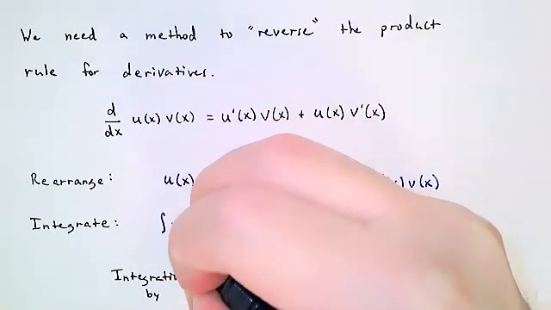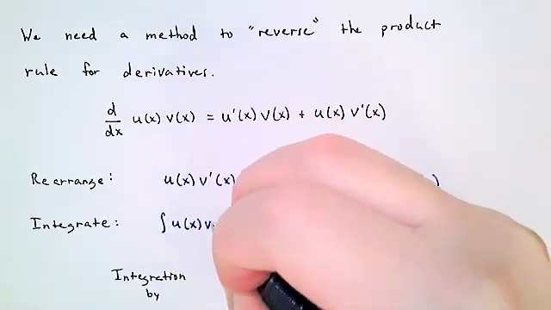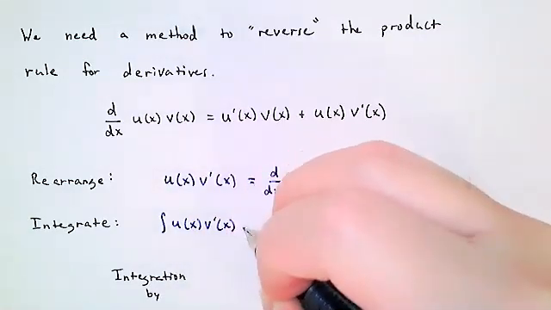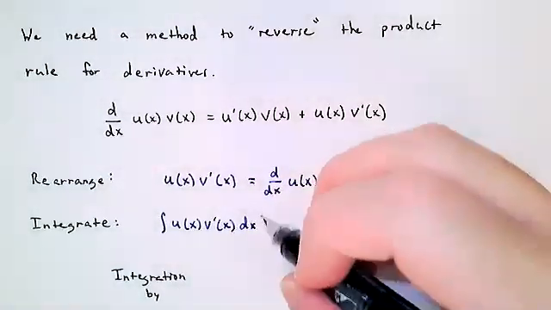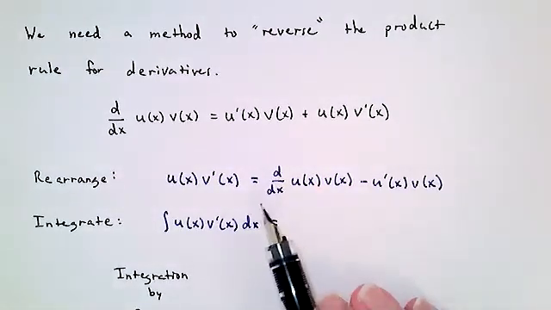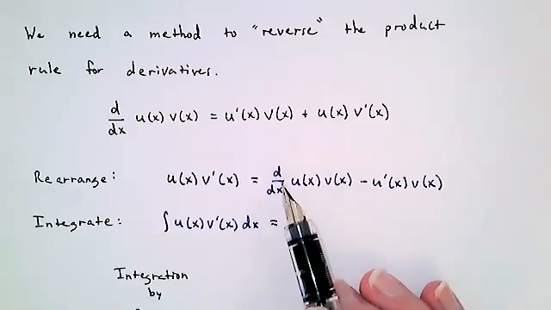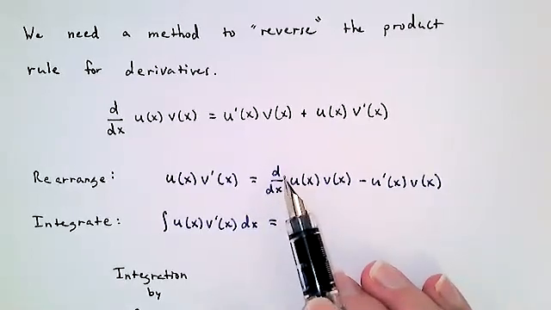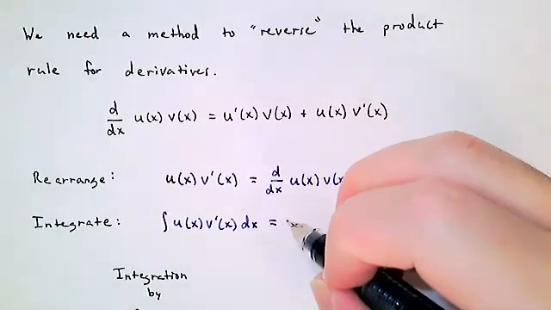So on the left, we just have the integral of u of x times v prime of x. And then we'll tag on the differential dx since we're doing an integral. And then, well, we're going to take the integral of a derivative. That means this derivative is going to disappear because the integral is the opposite.